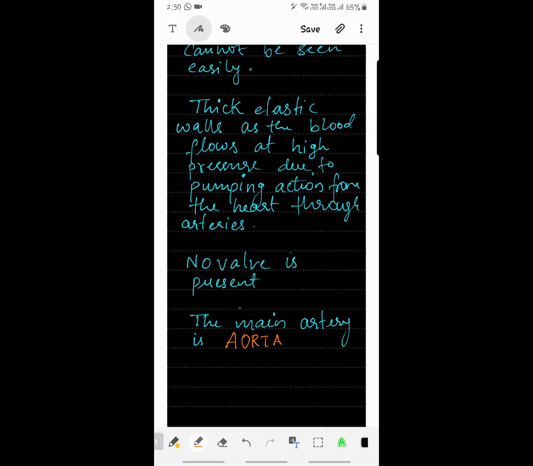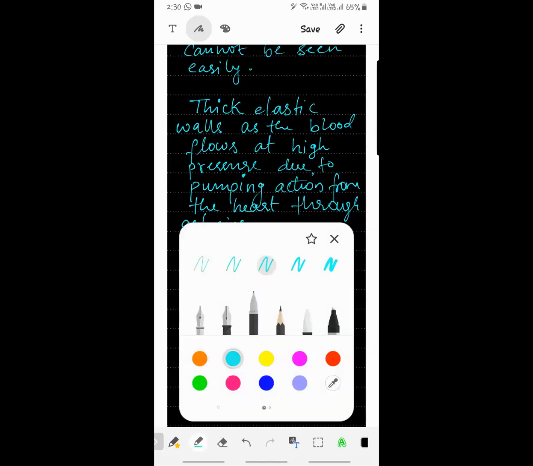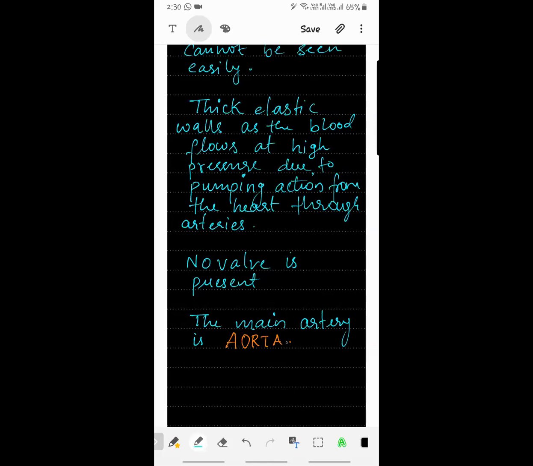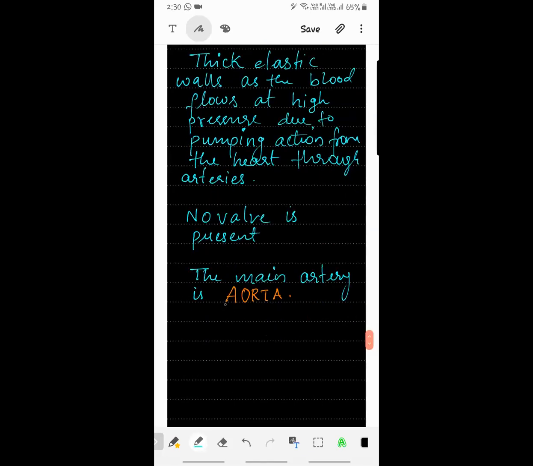I'll show you again today what the aorta looks like. See, there are not types. Artery is only one, but it reaches different body parts and gets different names.